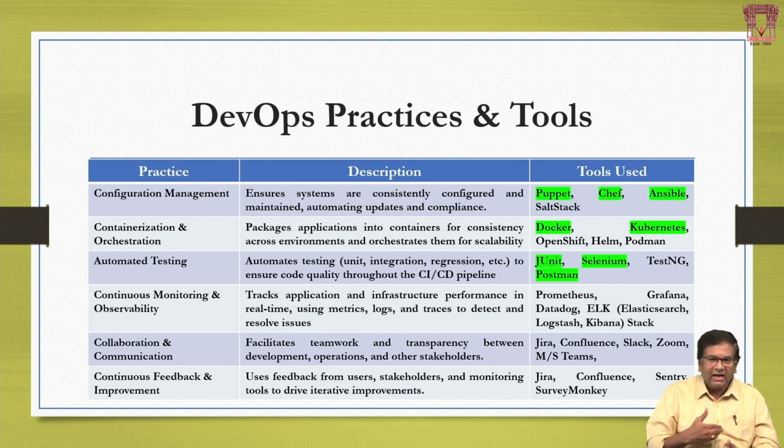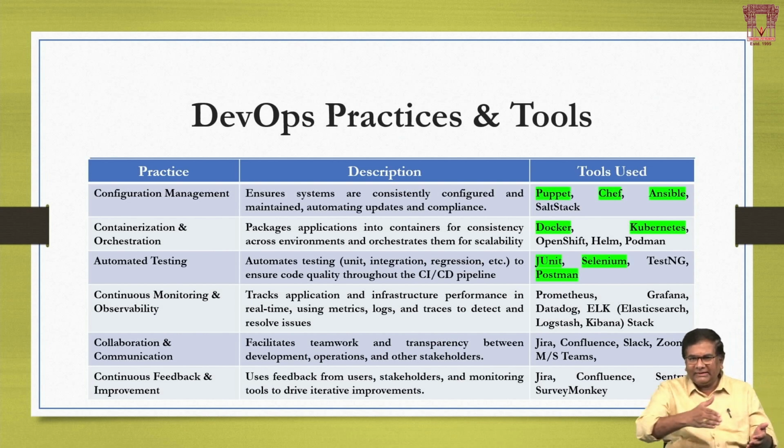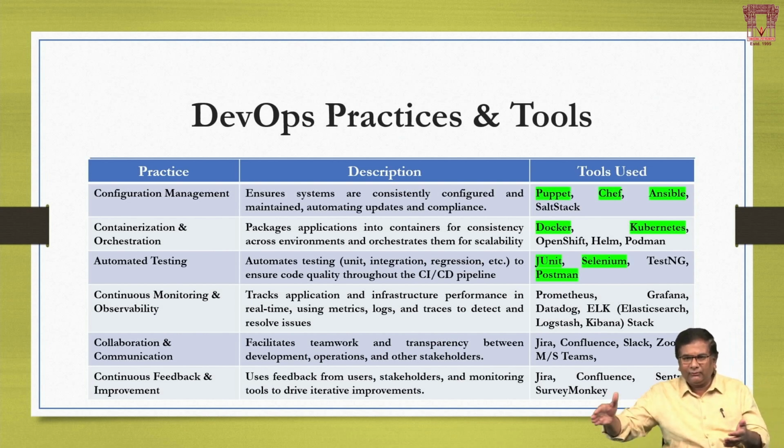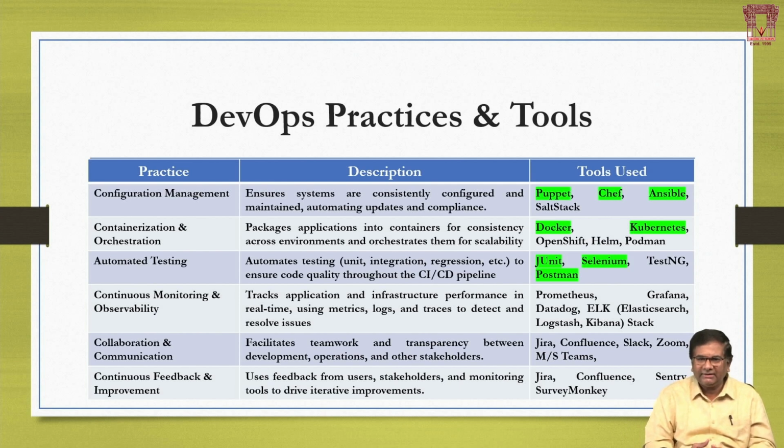Continuous monitoring and observability tracks application and infrastructure performance in real time using metrics, logs, and traces to detect and resolve issues. There's a difference between logs and traces. A log is from one component. A trace shows how things are flowing throughout multiple components. That's the difference between log and trace.